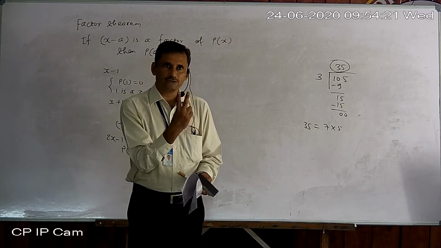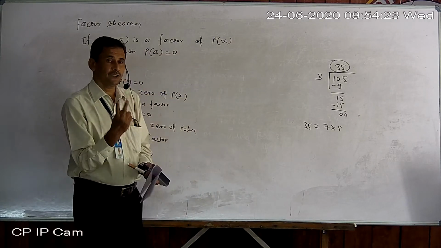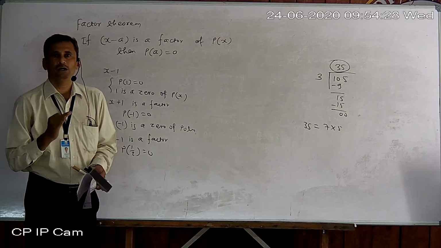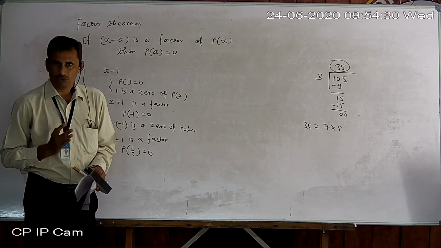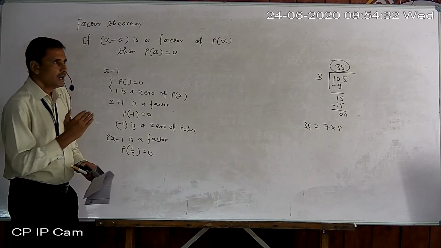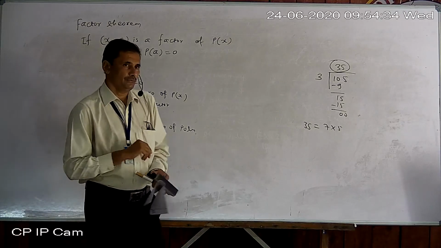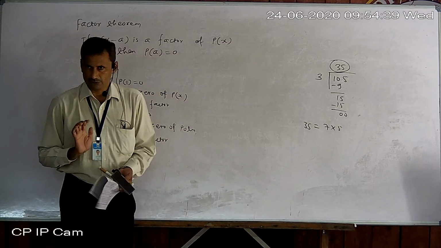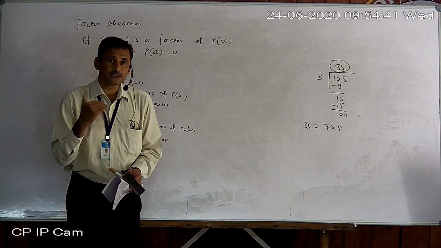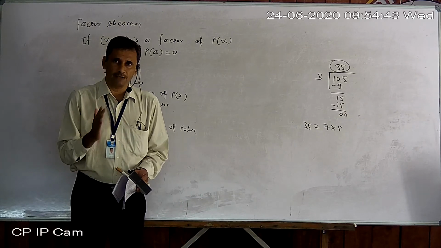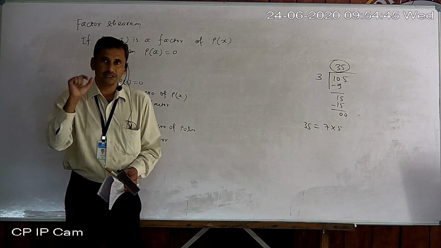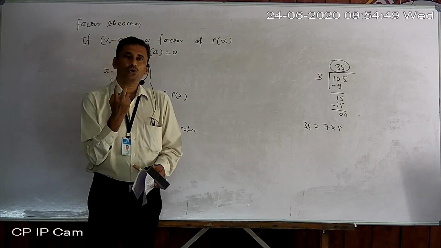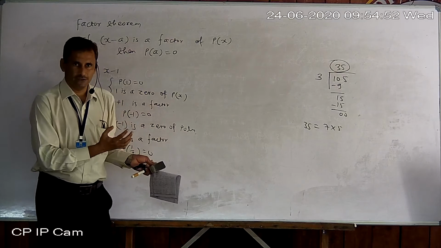If 2 zeros of a polynomial are given, then you understand 2 factors of the given polynomial are there. Okay, and if there is a quadratic polynomial, we can find zeros directly by factorization only. But whenever it is cubic or biquadratic, means raised to 4, degree 4, at that time 1 or 2 zeros should be given.